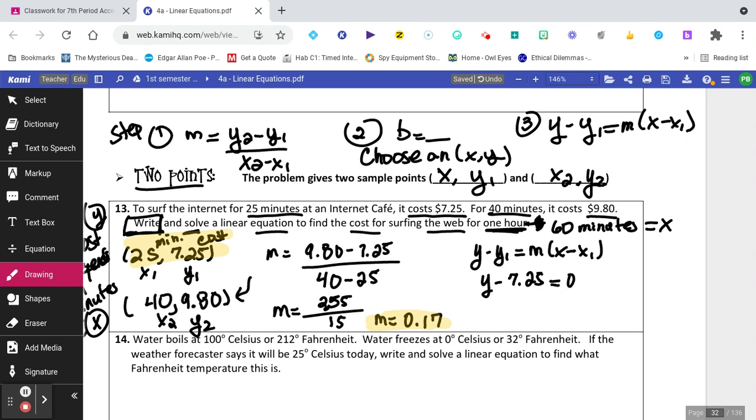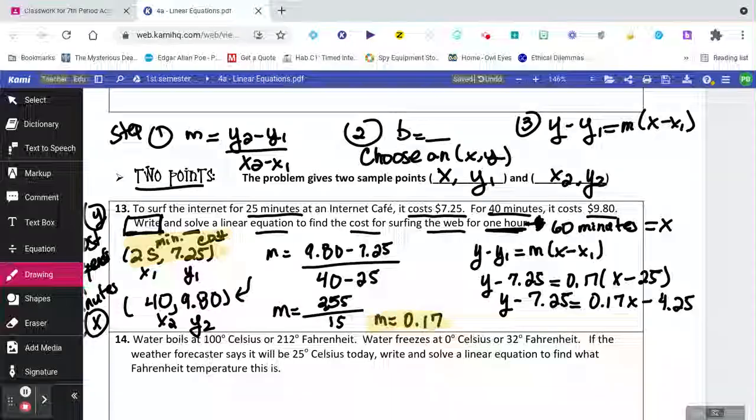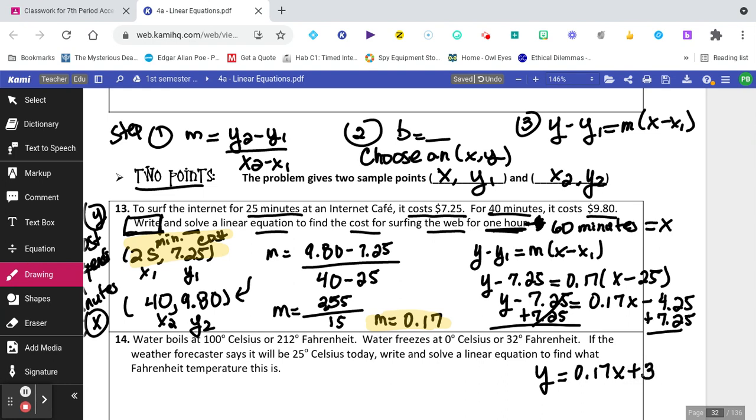And m is 0.17, and it's x minus x sub 1, which is 25. So I have y minus 7.25 equals 0.17x. And let's do 0.17 times 25 and see what we get. It's going to be negative 4.25. And then I just solve for y. To solve for y, I add 7.25 to both sides. So y is equal to 0.17x plus 3.